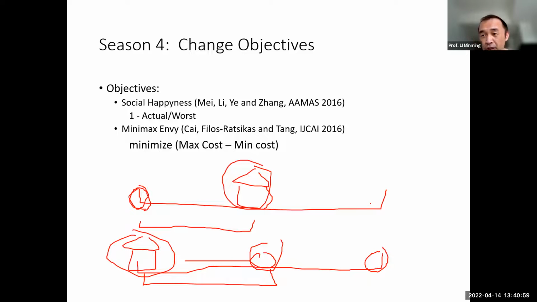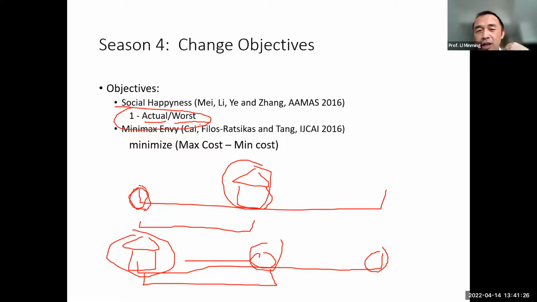So now we define happiness as this quantity: 1 minus actual distance over worst distance. If actual equals worst, then happiness will be 0, 1 minus 1. If actual is half the worst, then my happiness will be 50%. So even if the distance is the same in the two scenarios, their happiness degree is different.